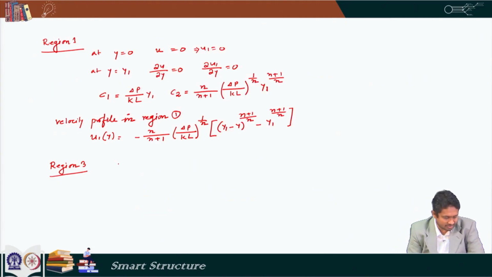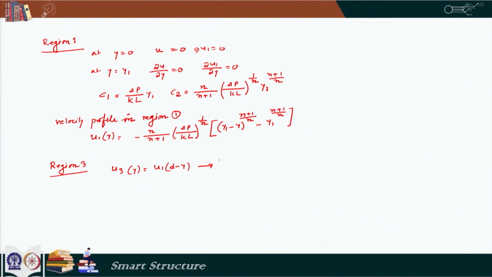So, just by using symmetry we can say that u 3 of y is equal to u 1 of d minus y. So, u 3 is the velocity profile in our region 3. So, this comes from symmetry of flow profile or velocity profile.